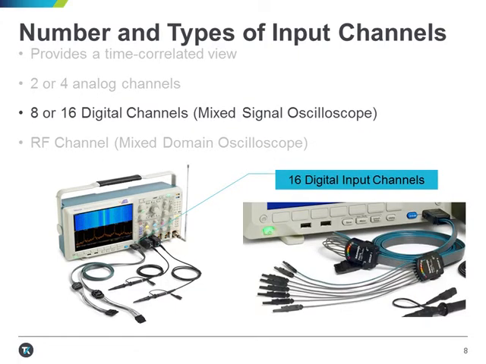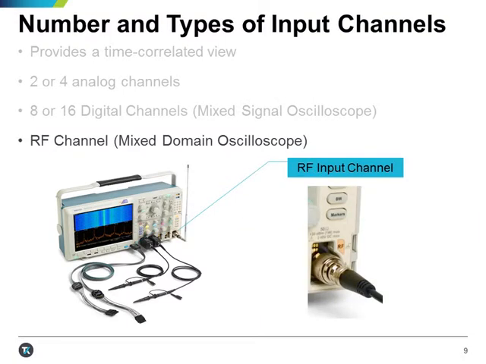A mixed signal oscilloscope, or MSO, adds digital timing channels which indicate high or low states. Since these channels are often used to work on computer-based systems, digital channels come in bite-sized, that's B-Y-T-E, bite-sized chunks of either 8 or 16 bits.